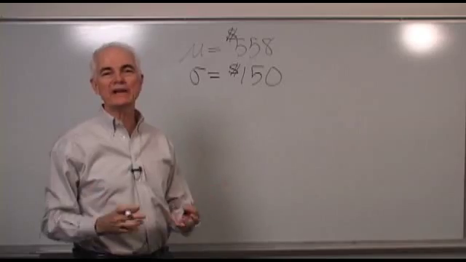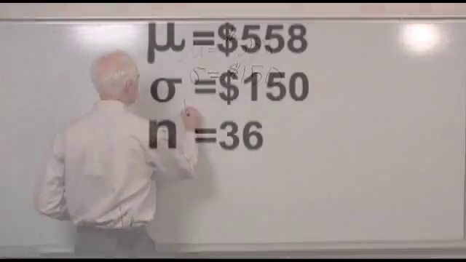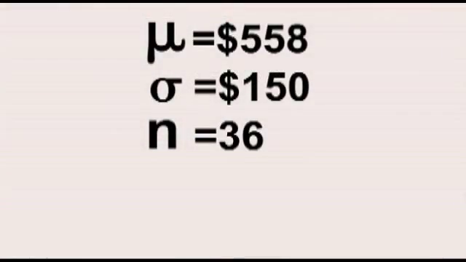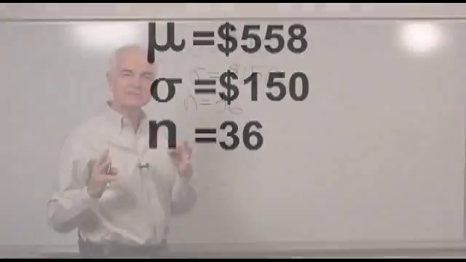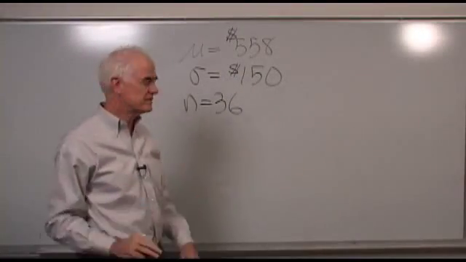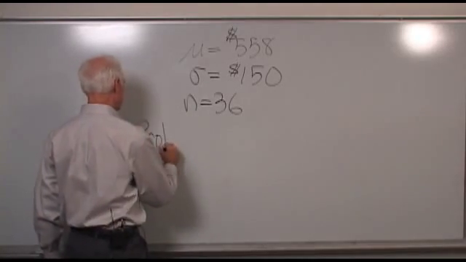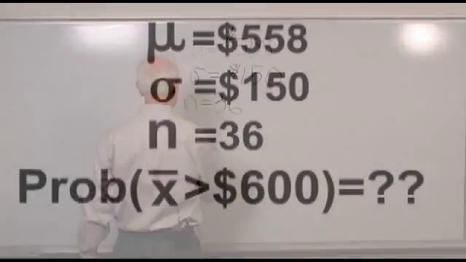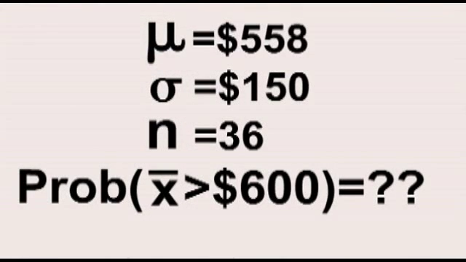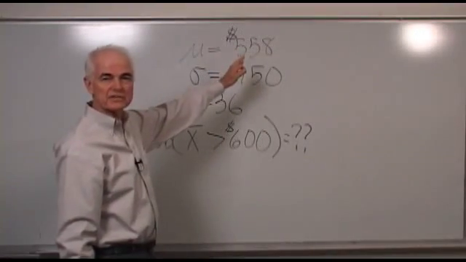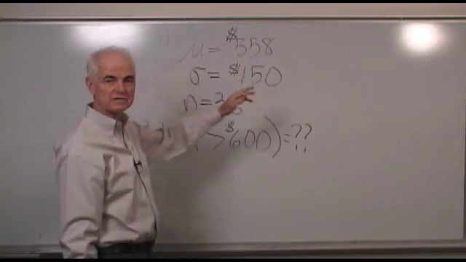If we went out and randomly sampled 36 women, what is the probability that the sample average would be more than $600? That is, what is the probability that the mean for the 36 women is greater than $600, given that the population mean is $558?